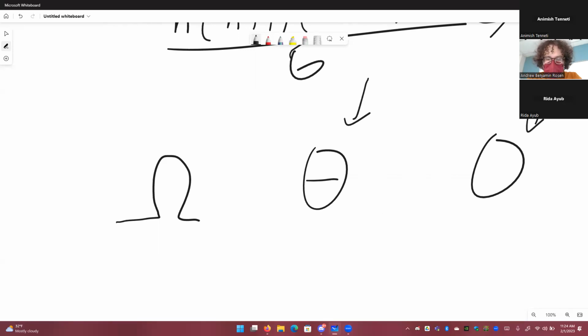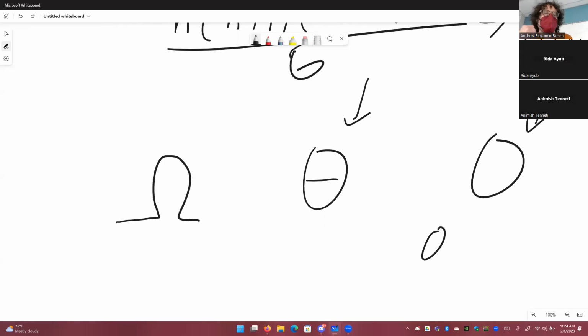Yes, Anamish, I see that you have your hand up. I watched a YouTube video that said you can use any of those notations for worst case. It's not necessarily meant that big O is worst case. Is that wrong? Because I've heard conflicting things. I'll have to look that up, to be honest. The point about big O is that it only puts on an upper bound, and big theta puts on an upper and a lower bound, but big omega puts on a lower bound.